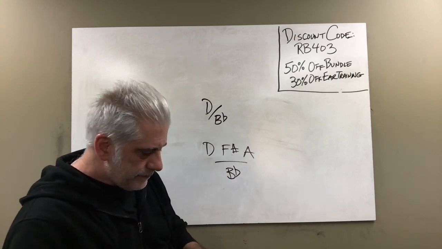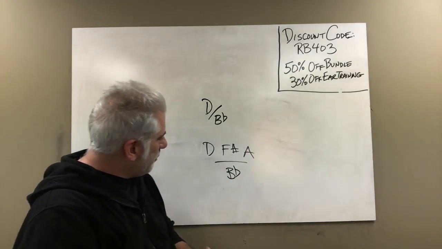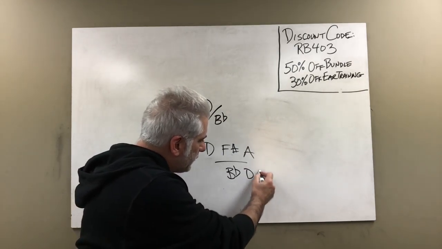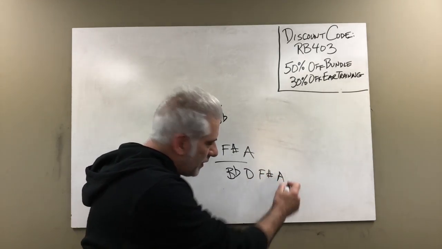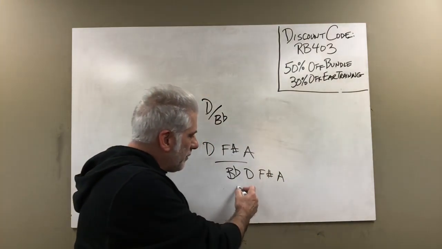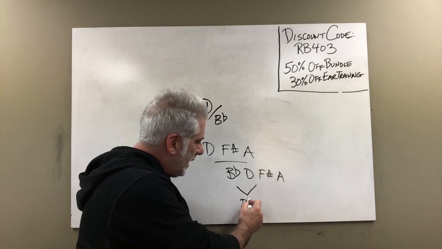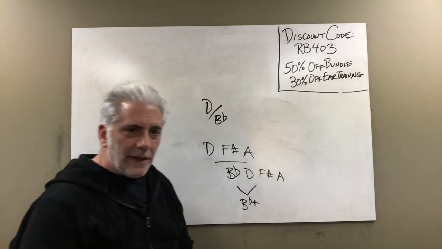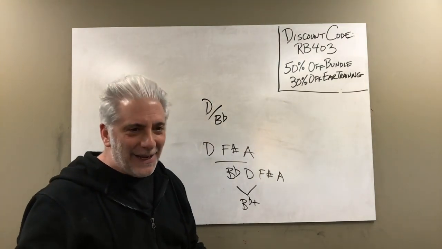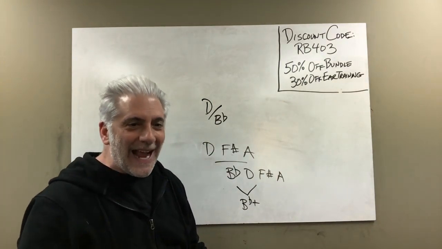Now, if I write the notes out this way, B flat, D, F sharp, A, I'm going to give you a little trivia here, okay? This is a B flat augmented chord. B flat plus means augmented. B flat augmented is the only triad that has a sharp and a flat in it.